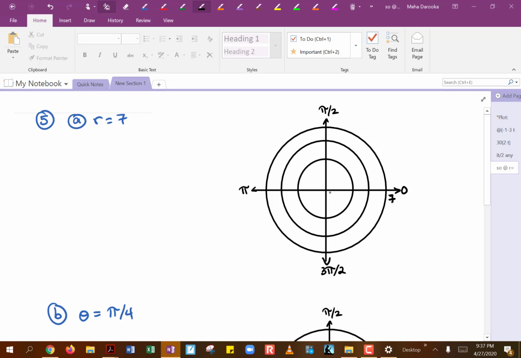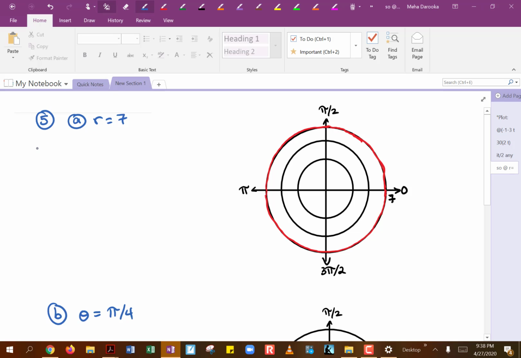So when you are looking at its graph, this one here will be, let me see if I can get this without making it too messy. It's going to be all the points that fall on this circle, which is going to be 7 units from our pole.